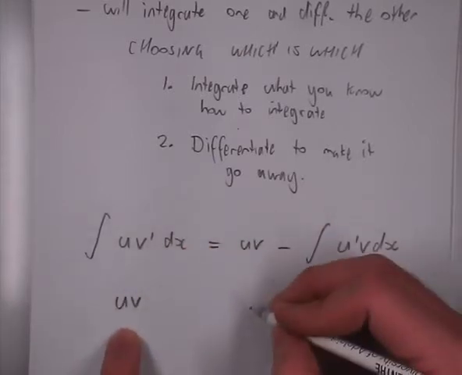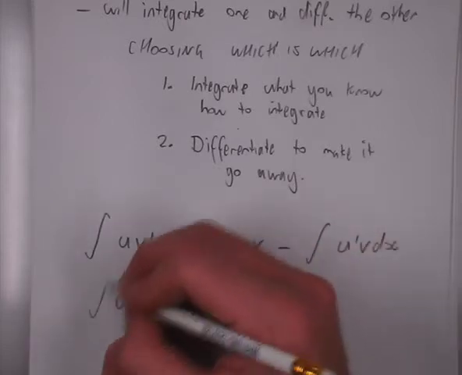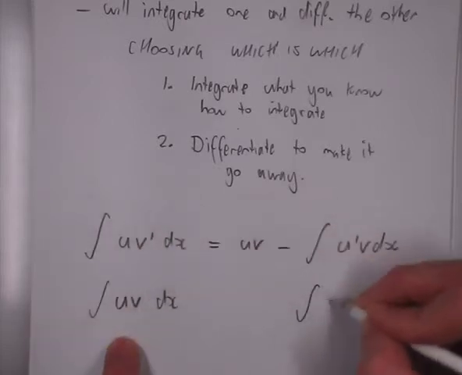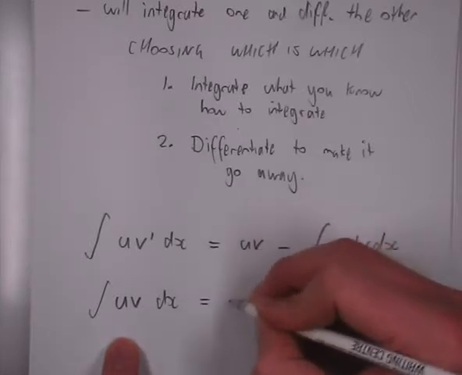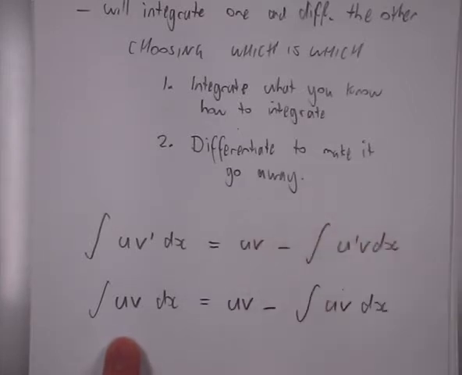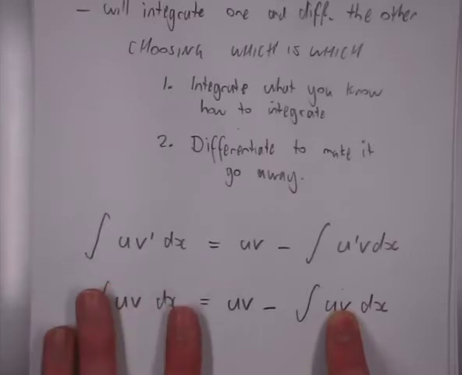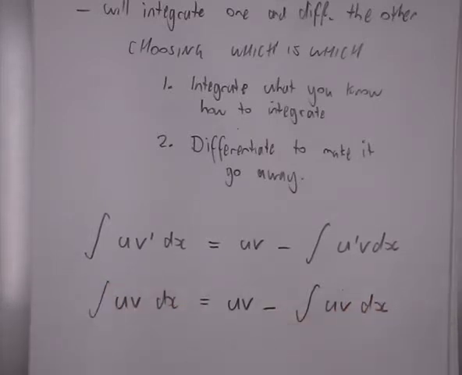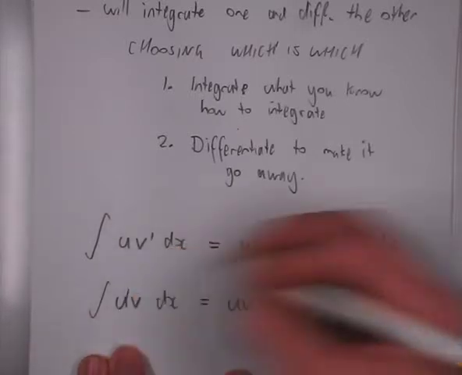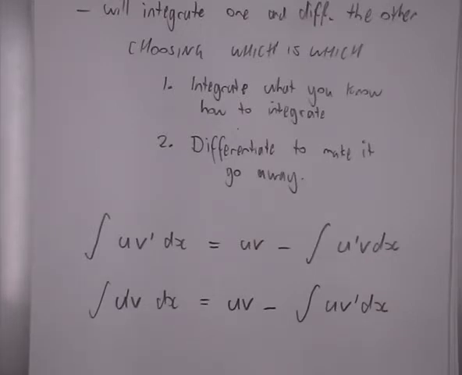And then you'll still have an integral at the other end, which will still be two things multiplied together. And in the centre you'll still have two things multiplied together, but they won't be an integral anymore. So I know that there's a uv and a uv and a uv, and I know there's an integral at the beginning and an integral at the end, and an equal sign and a minus sign. And then the final step is that one of them has a dash here and the other one has a dash there, so I could just as easily do it this way. Either one of those is integration by parts.